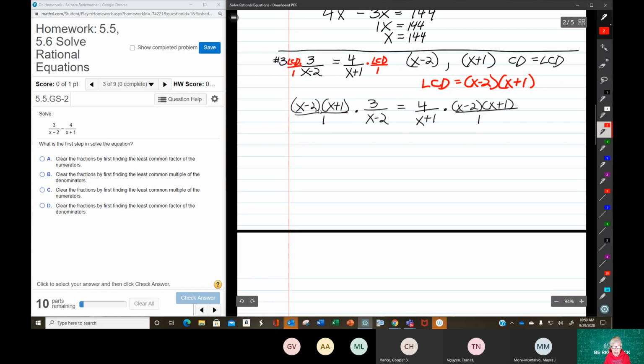Now, x minus 2 and x minus 2 cancel. X plus 1 and x plus 1 cancel. And I am left with an x plus 1 and a 3. So 3 times x plus 1 equals 4 times x minus 2.